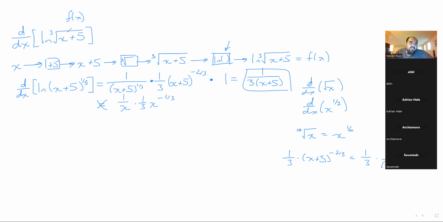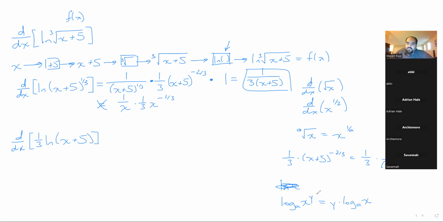We already showed the natural log of the cube root of x plus 5 can be rewritten as natural log of (x plus 5) to the 1/3. It can also be rewritten like this: 1/3 times the natural log of x plus 5. Because one of those log properties we have is this: log base a, does not matter what the base is, of x to the power of y is equal to y times log base a of x.